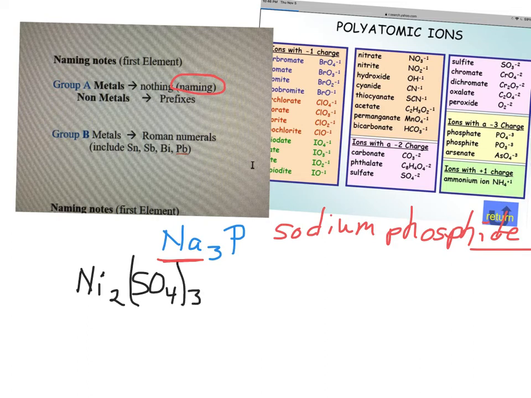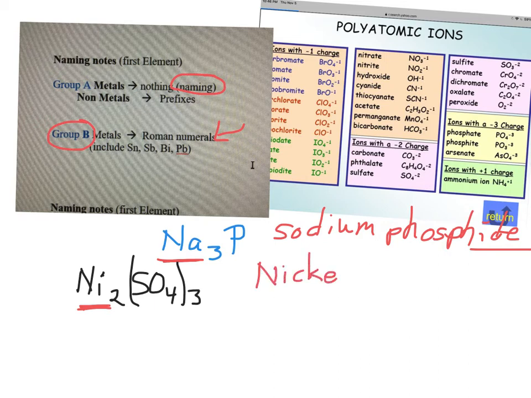All right, so this first element, nickel, this is in the middle of the periodic table, and it's a transitional metal. Therefore, it's a group B. What do we do to group B's? We do a Roman numeral. So nickel.